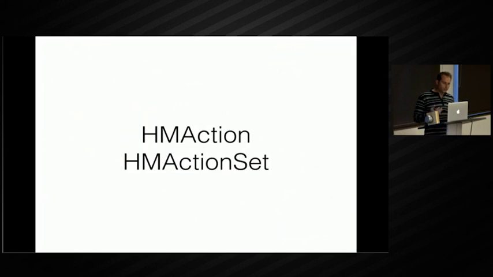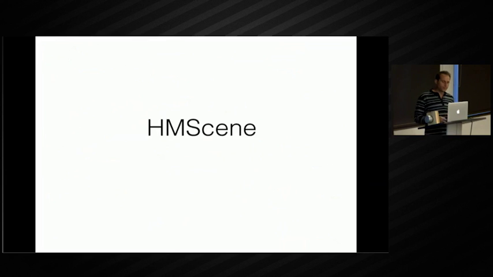So now we're getting into automation. You can basically create an action, which is a series of things that you want to do, a set of characteristics and what values you want to put them into, and those can be assigned to a scene, which can be accessed via Siri. So I'm going to say I'm leaving.